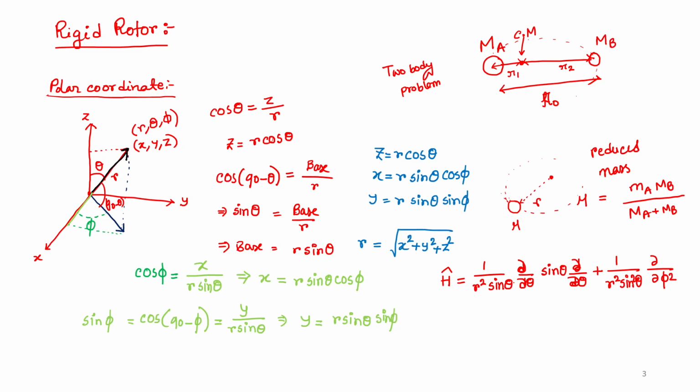Okay. So now, as we are only going to deal with this rotational motion, instead of linear momentum we have to work with total angular momentum. Total angular momentum is this.